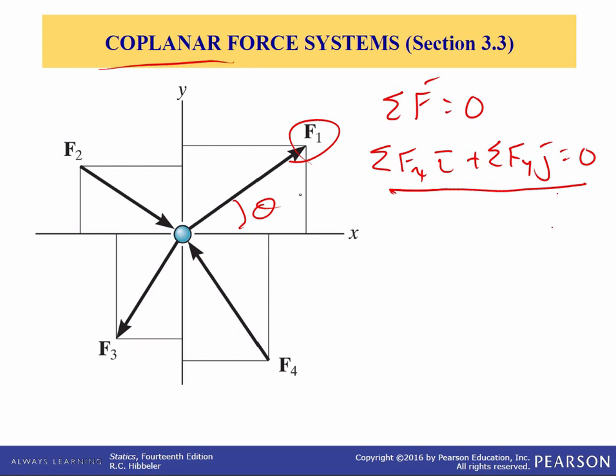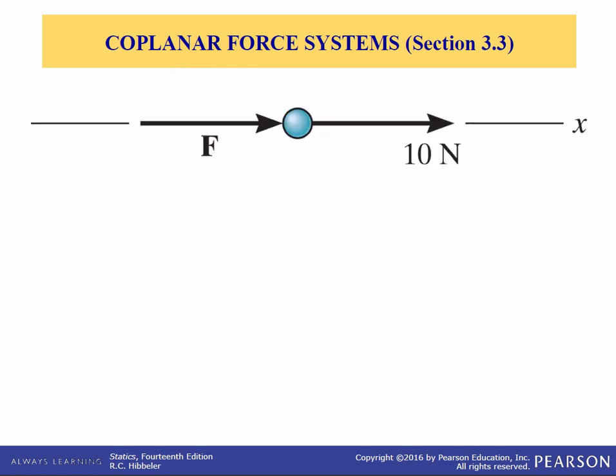Now when applying each of the two equations of equilibrium, we must account for the sense of direction of any component by using an algebraic sign which corresponds to the arrowhead direction of the component along the X or Y axes.